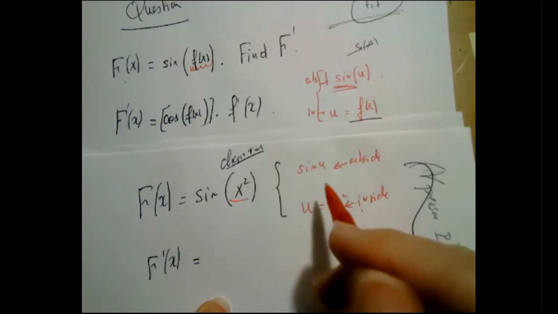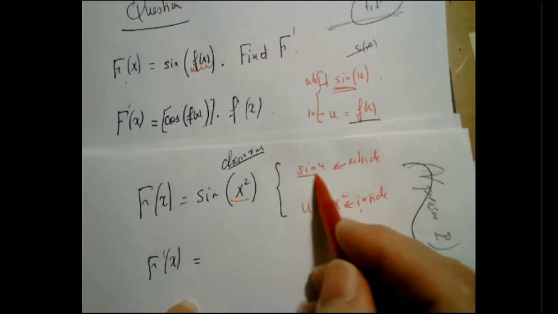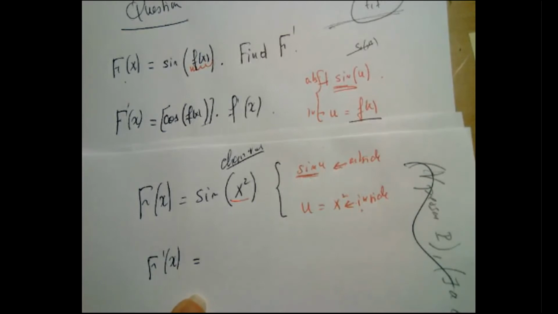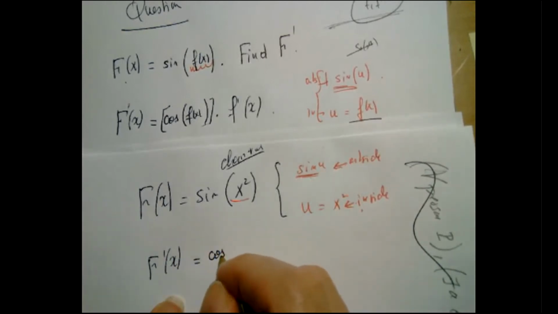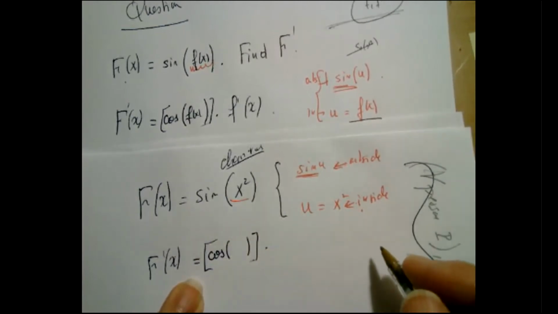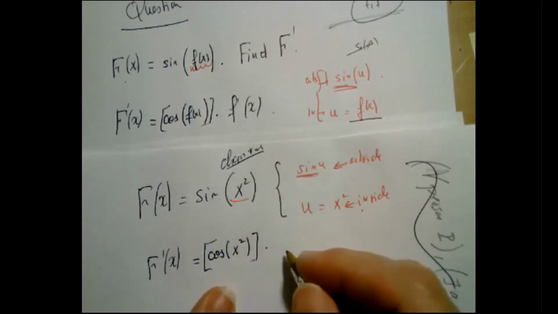Yes. So what's the derivative of the outside now? The derivative of the outside is the cosine. Wouldn't that just be cosine? Yes. Evaluated where? The chain rule tells me. At the x squared, right. You times it by what?